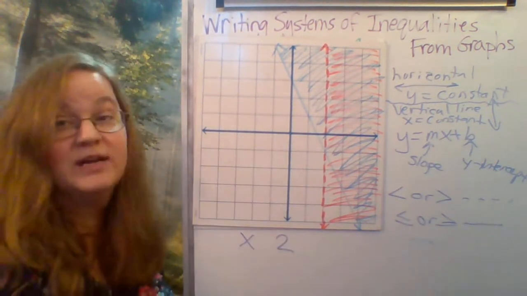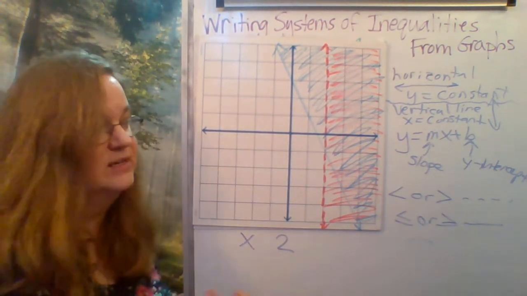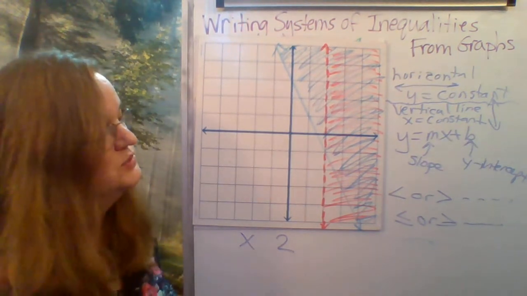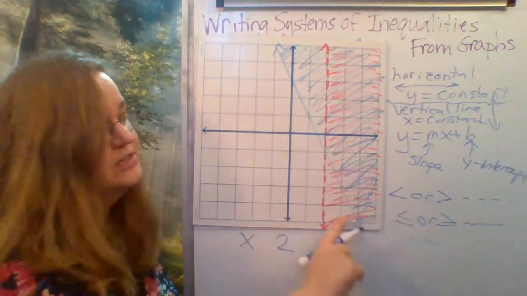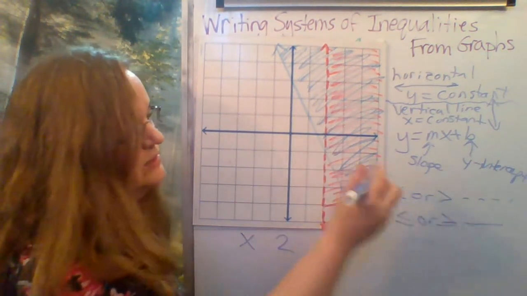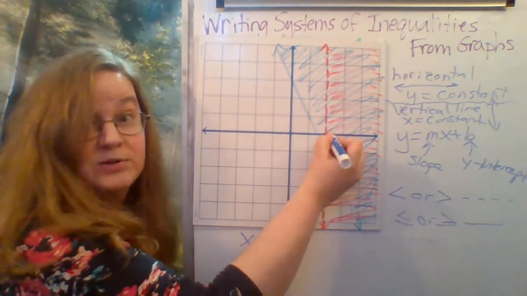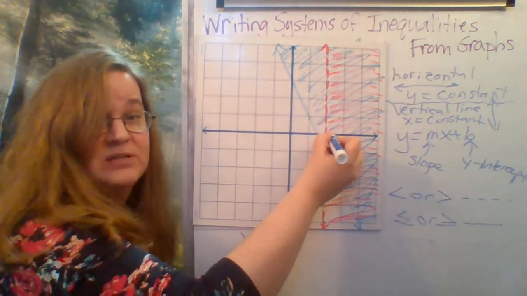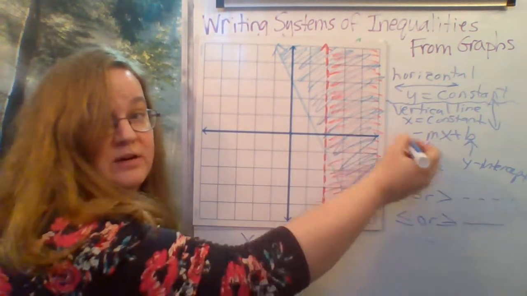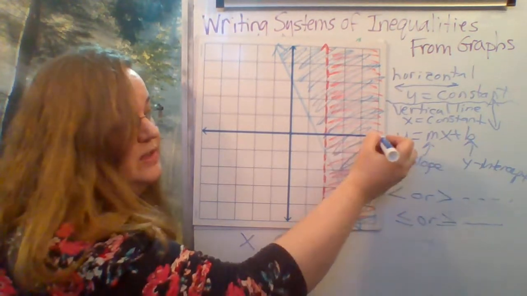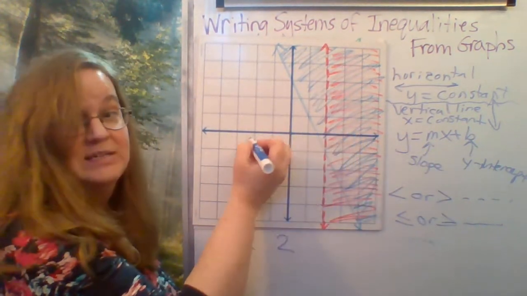And then I have to decide, again, greater than, less than, or equal to, and so on. When I look, I have a dashed line. The red line is dashed, so therefore it's got to be less than or greater than. And since I don't have a y-intercept, I'm going to use the x-intercept to make that decision. Is it above, so beyond the x-intercept, so more than, or is it less than the x-intercept?